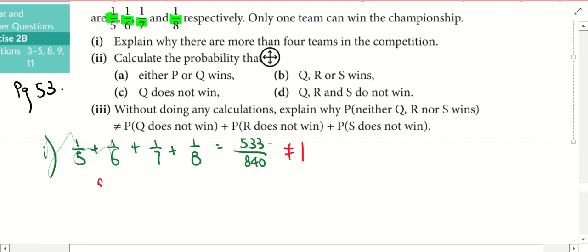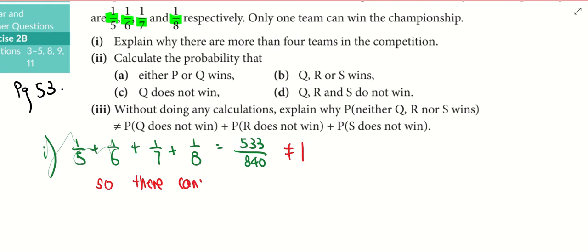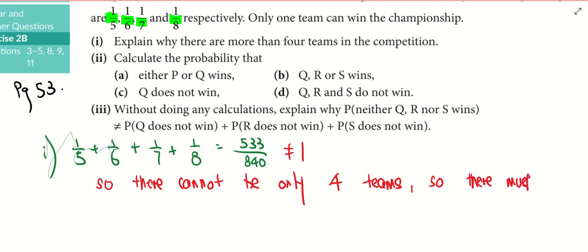So there cannot be only 4 teams. So if there cannot be only 4 teams, there must be more than 4 teams. It sounds logical, but you just have to write it out. So there must be more than 4 teams.